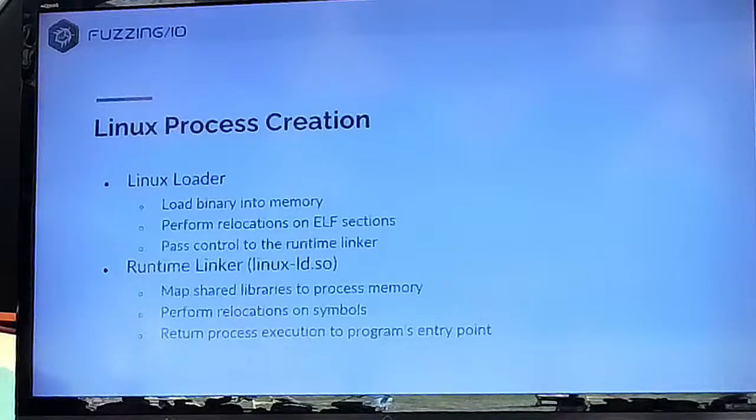And then the linker does the job of, if it's a dynamic library or dynamic program, loading in the shared libraries. In the Linux loader, it's going to read the ELF header and the segments and figure out what memory mapping this program is requiring. It'll do relocations because it's going to, of course, have randomized address layouts, and so it needs to update the process with where it's been moved.